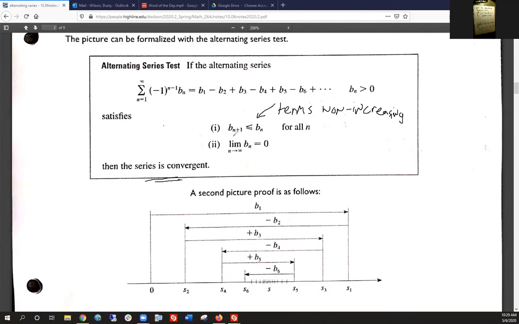So it says the terms have to be non-increasing. It lets the terms be bounded because they're alternating. The limit going to 0 says that the things are getting closer and closer together.